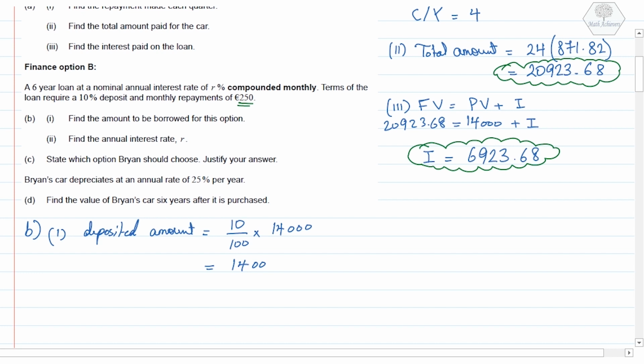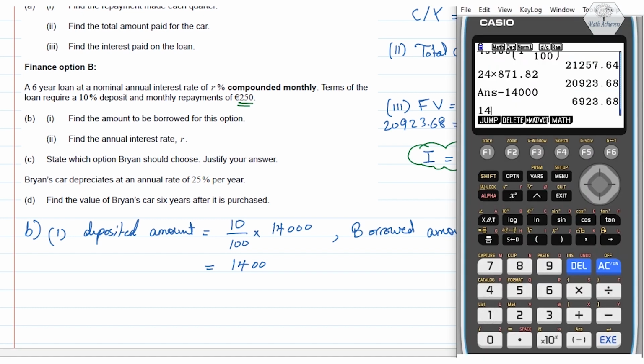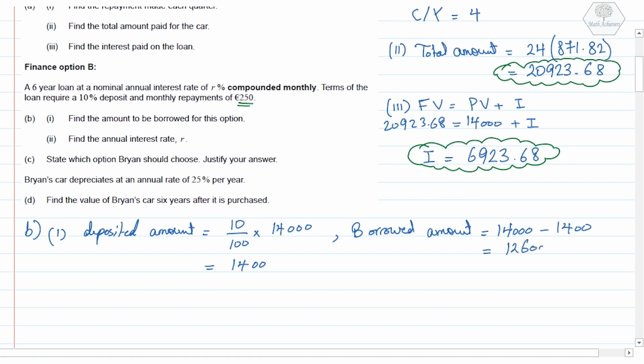So by this, the borrowed amount is equal to 14,000 minus the 1,400, and this gives us 12,600 euros. So this is the borrowed amount.